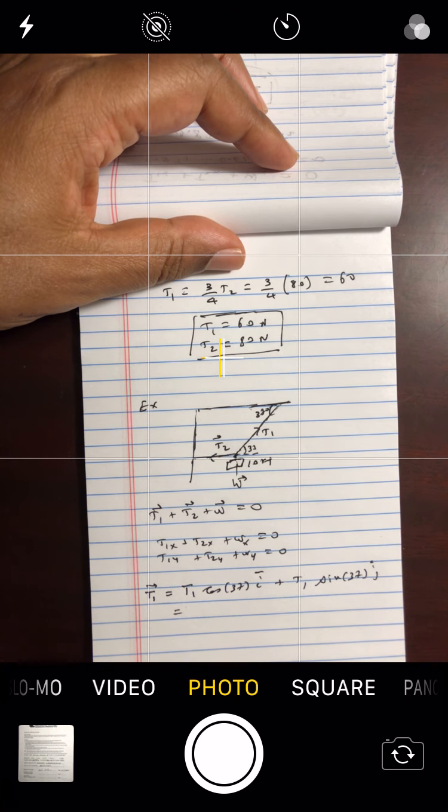Okay, so that is 0.8 T1 in the I direction plus 0.6 T1 in the j direction. So from this we see that this is the x component, the y component. So you've got T1x equals 0.8 T1, and then T1y equals 0.6 T1.